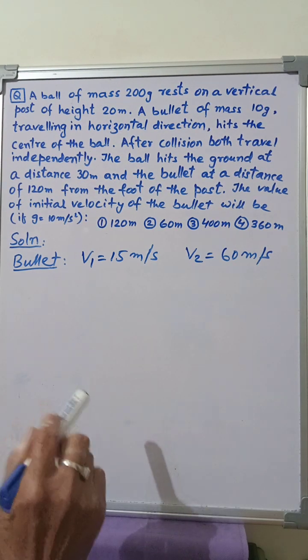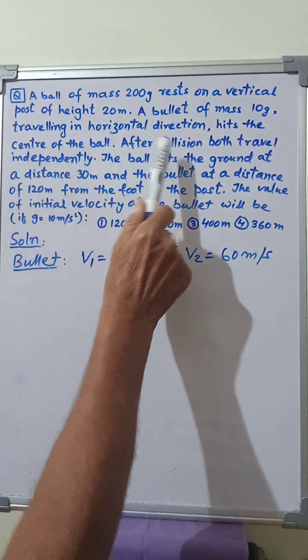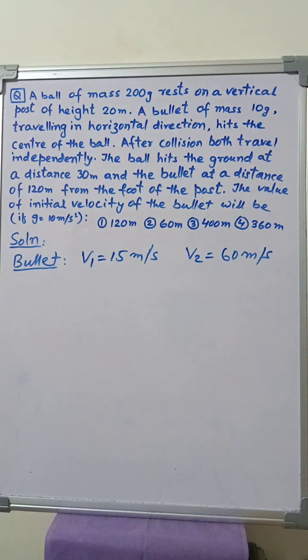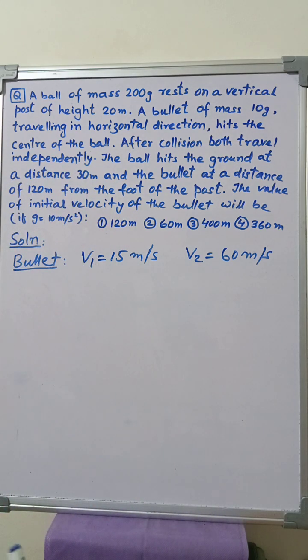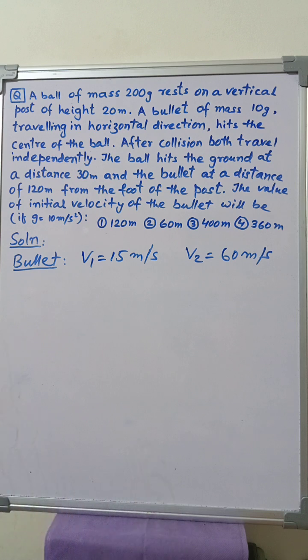It is given in the question that a bullet of mass 10 grams traveling in the horizontal direction hits the center of the ball. After collision, both travel independently. Therefore, we will apply the principle of conservation of linear momentum.